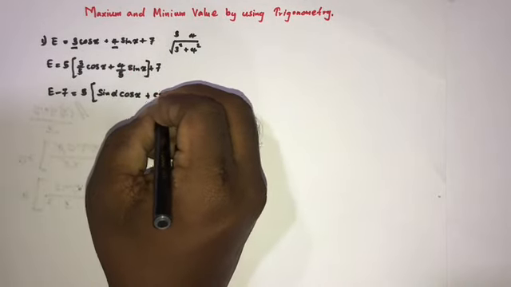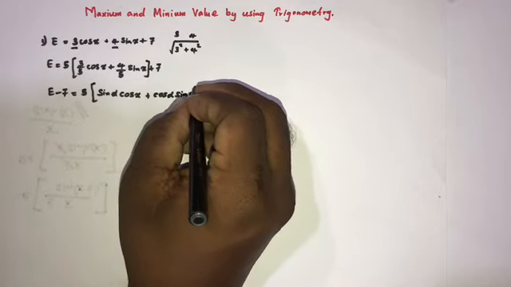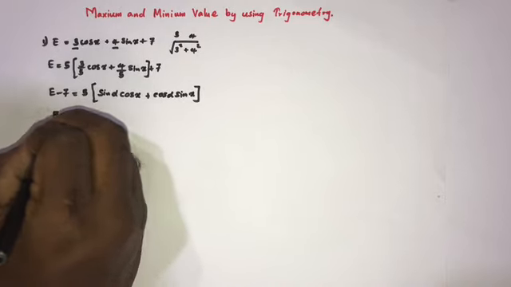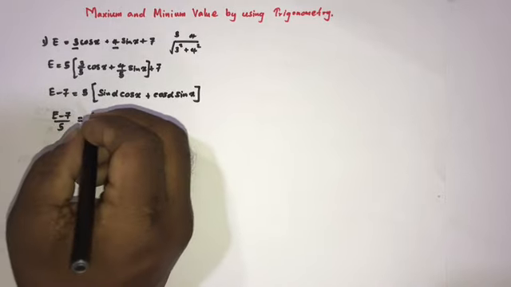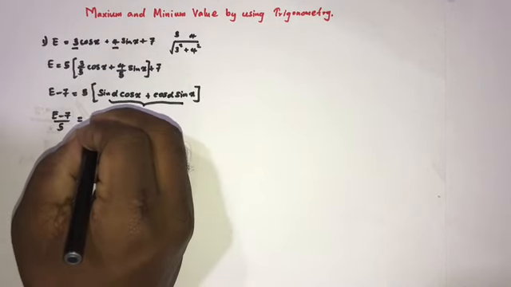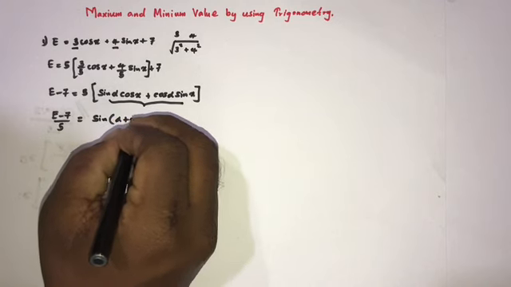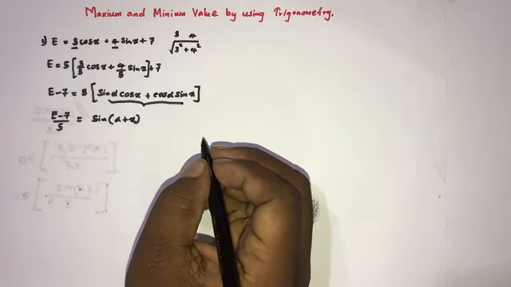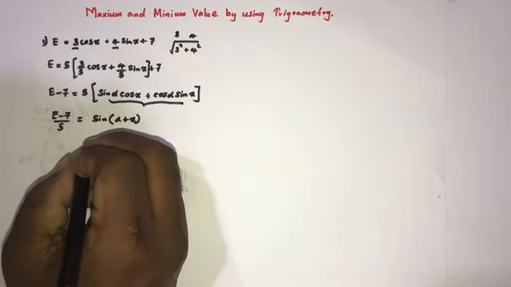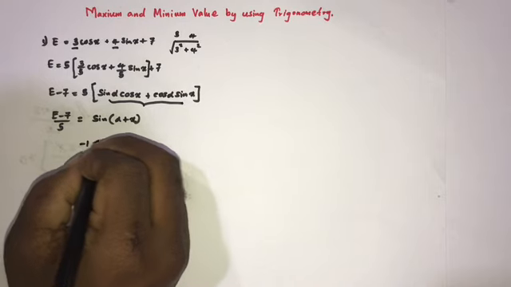Now E minus 7 over 5 is equal to sine of alpha plus x.